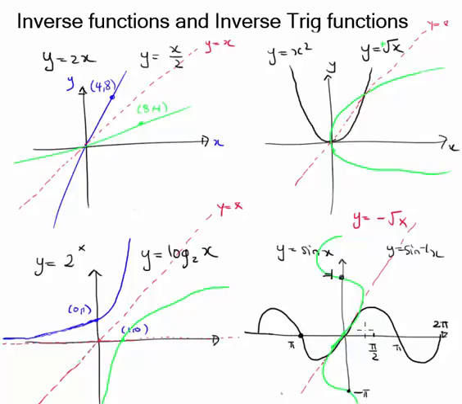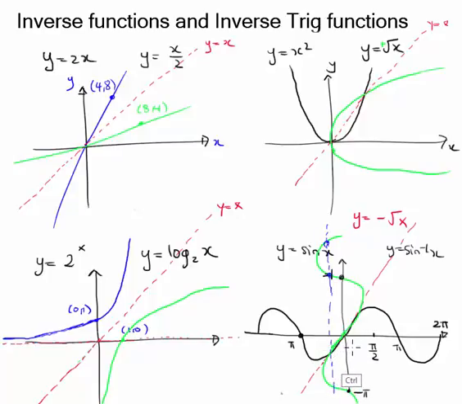However, you can see that this is not a function. When we reflected this curve with respect to the y equals x diagonal line, we get this green curve. But this is not a function, because when we use a vertical line and do the vertical line test, it goes through 4 points at the moment.